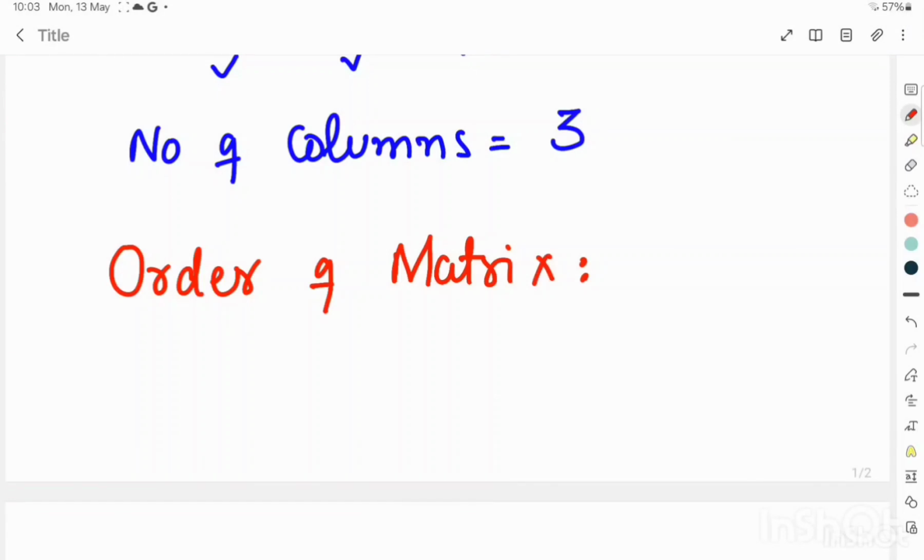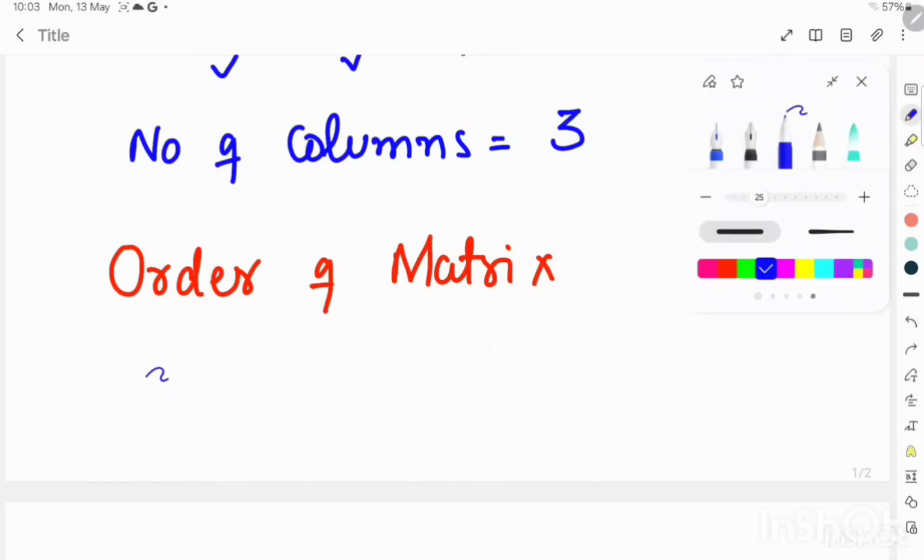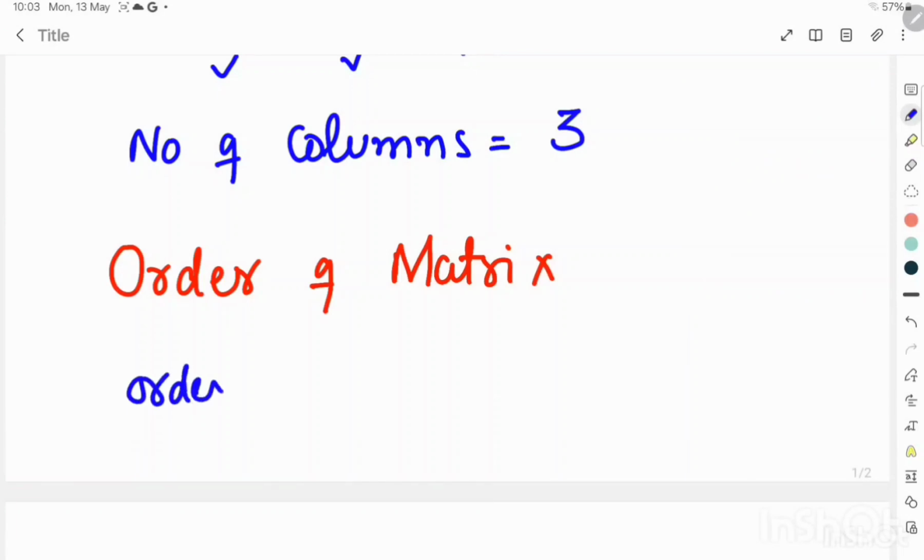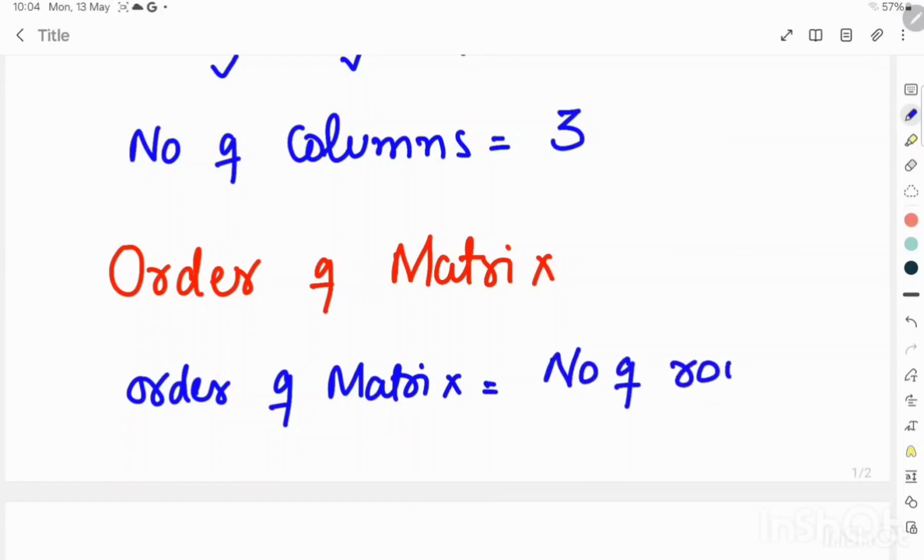The formula is: order of matrix is equal to number of rows multiplied by number of columns.